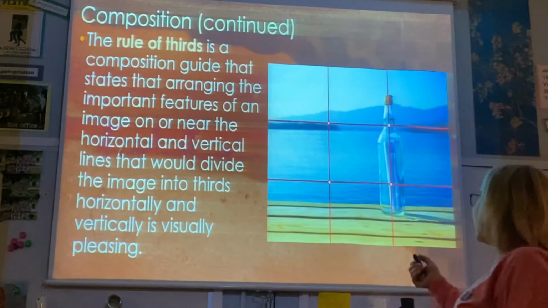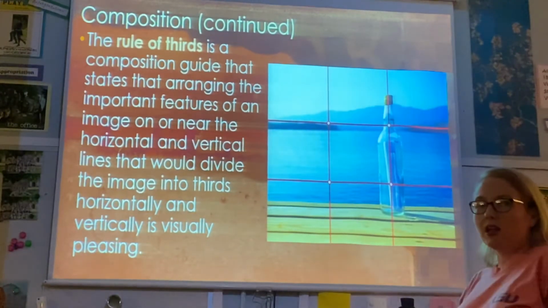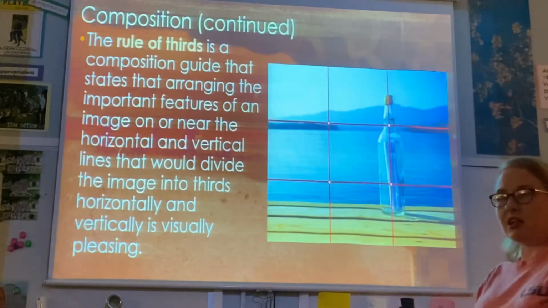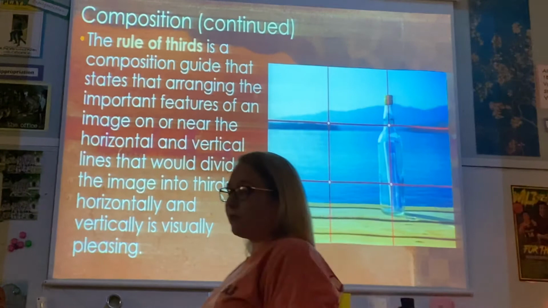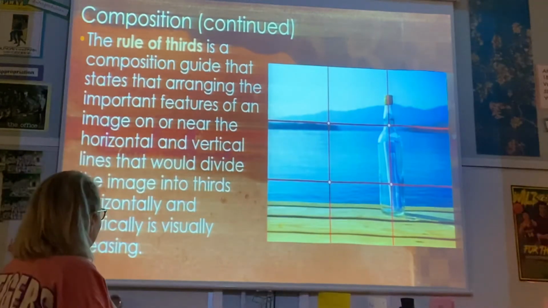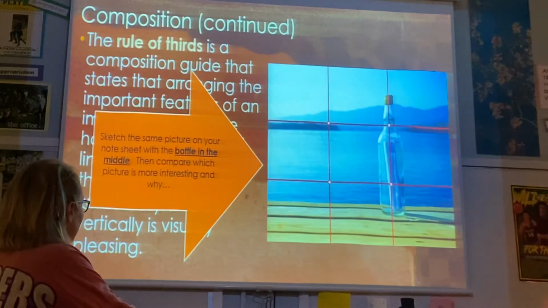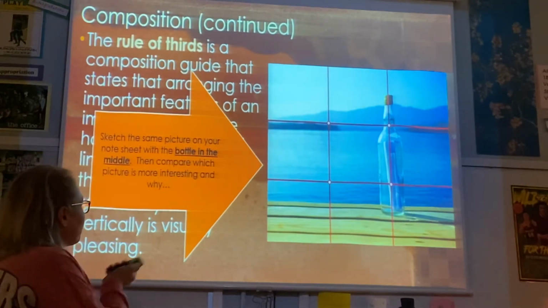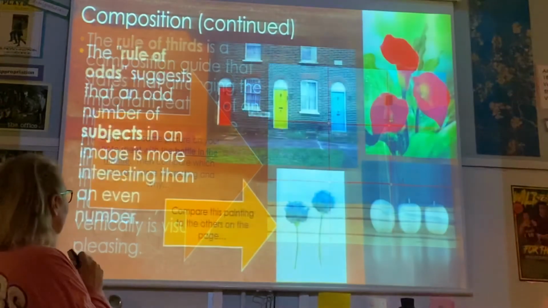Some people like things centered, some people like things over to the side, and it's just a matter of personality and likes and dislikes, and you're not wrong or right if you like one way or the other. So compare them, see which one you think is more interesting.